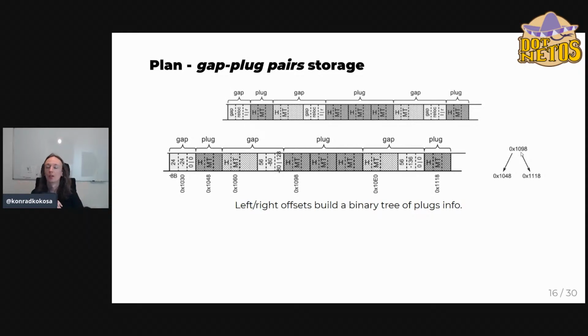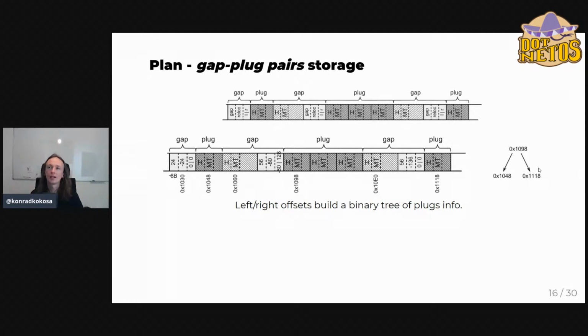But we can have millions of objects in generation 0, so we would have a binary tree for millions of plugs, or maybe less. It depends on how the data is laid out. Would it be optimal to scan the plug tree for all those objects?